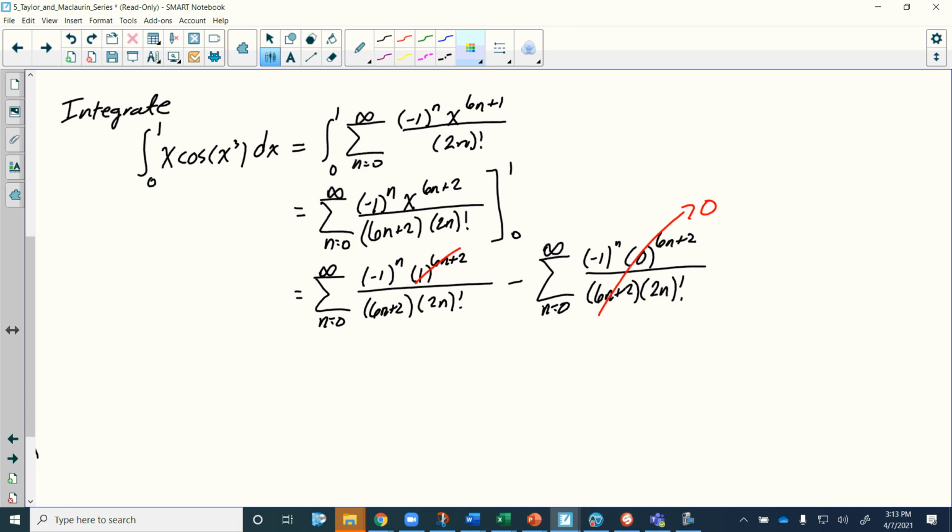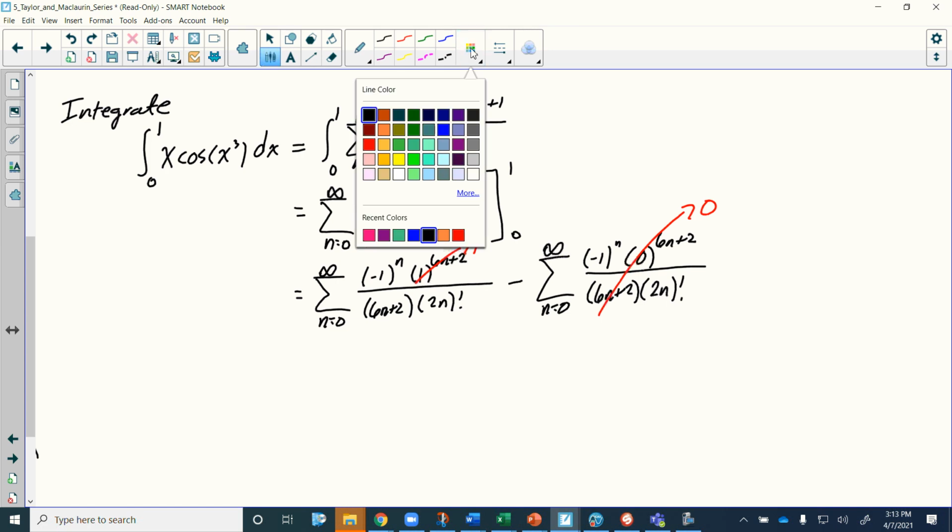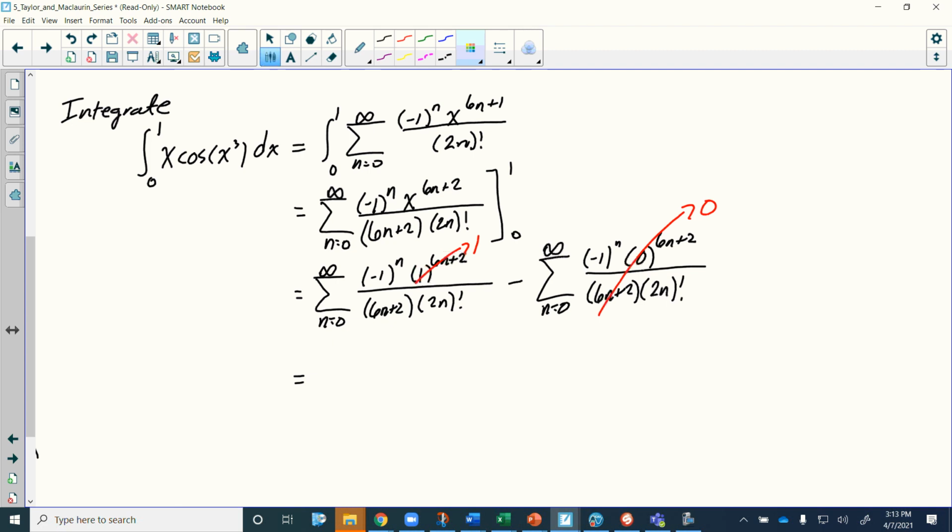This whole thing is just going to simplify to be 1, and that will leave me n equals 0 to infinity. It'll basically just leave me the negative 1 to the n power over 6n plus 2 times 2n factorial, like that. Okay, so there is my integration.